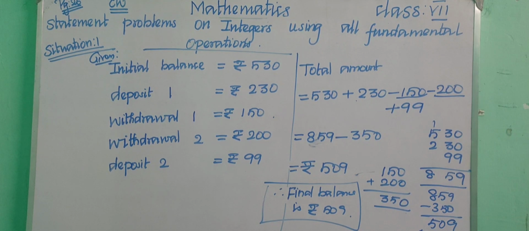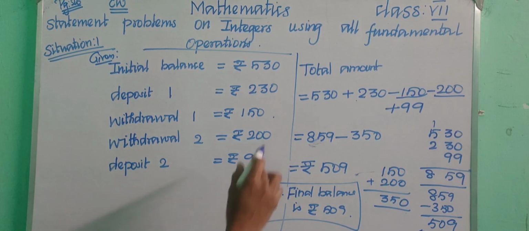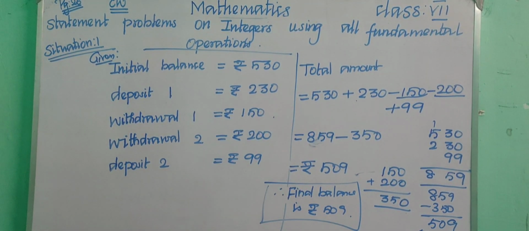What is given in the question, and then what we need to find. Here we need to find the total amount, that is the final balance. You need to identify what we need to find, and then we solve the problem. So copy this in your classwork notebook. Pause the video and write.